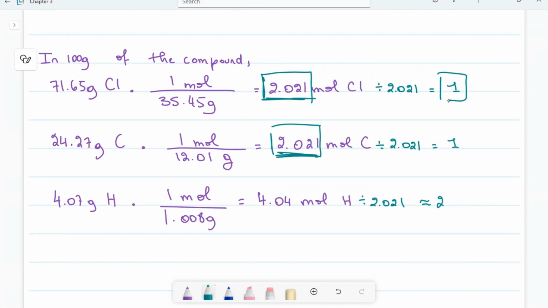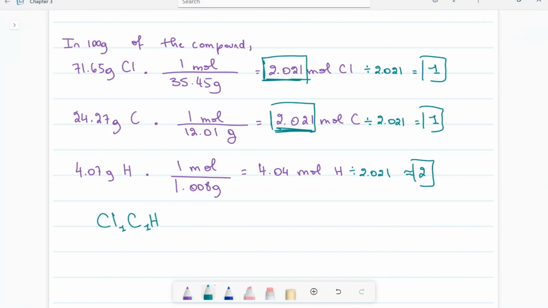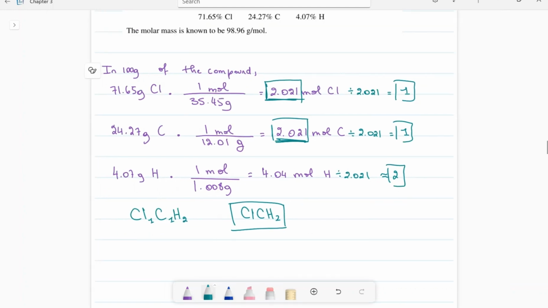And these are the ratios in our empirical formula. Basically, what this means is that we have Cl, C, and H. Down here in the subscripts, for Cl, we put 1. For C, we put 1, and for H, we put 2. And we don't need to write the 1, so we can write ClCH2, and this would be our empirical formula.